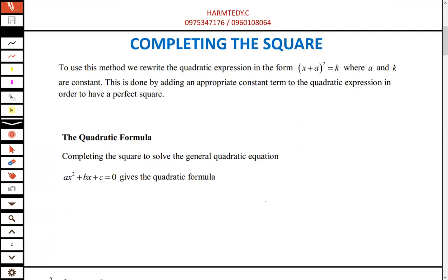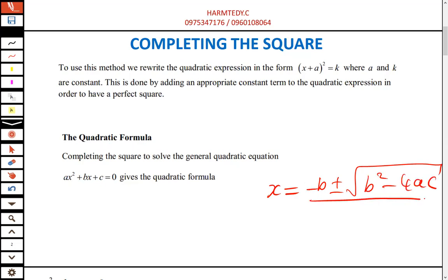The formula that we were using last time: x is equal to negative b plus or minus the root of b squared minus 4ac, and then everything divided by 2a. This is the formula that we call the quadratic formula. It is this same method that is used to derive this formula.